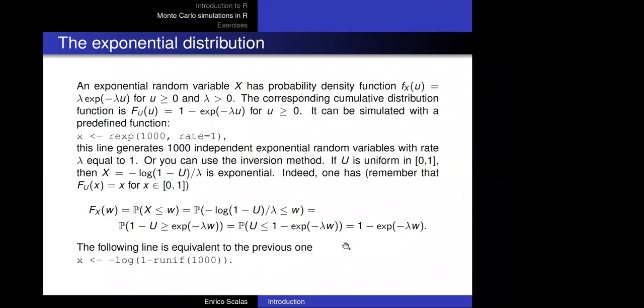And then if you use this, you get exactly where you wish. And so the following line should be equivalent to the previous one. Okay, let's see if this is true.